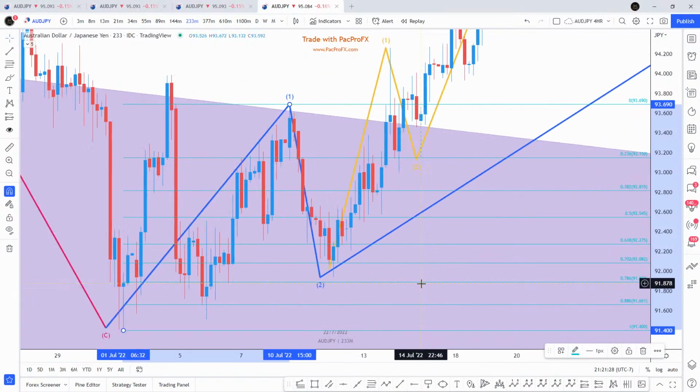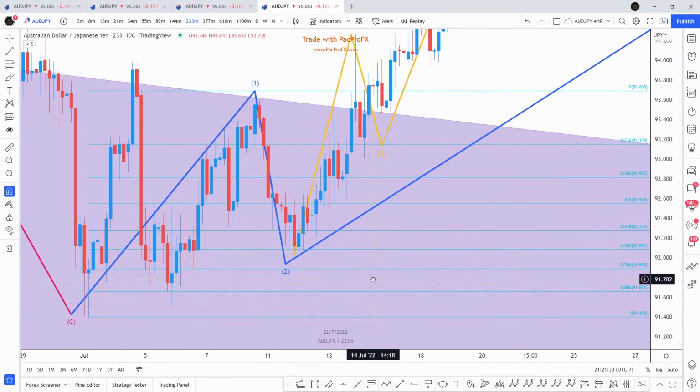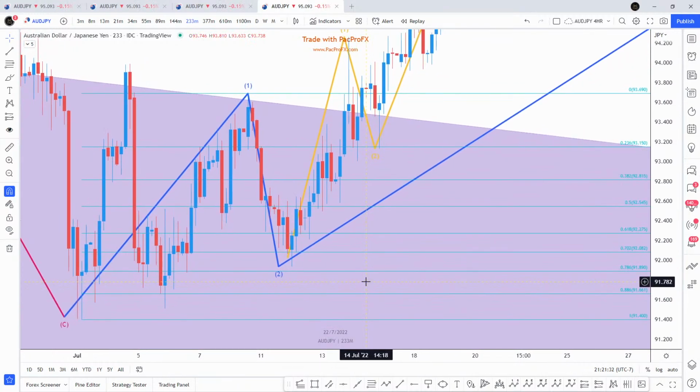One level that is a nice secret level in Elliott wave is the level of 0.702. This is basically halfway between the 618 and the 786. So this number is just basically right in the middle. It's a 702 level.